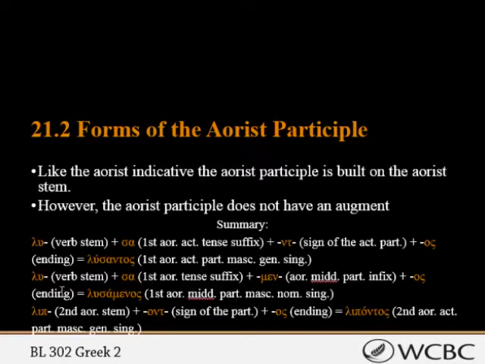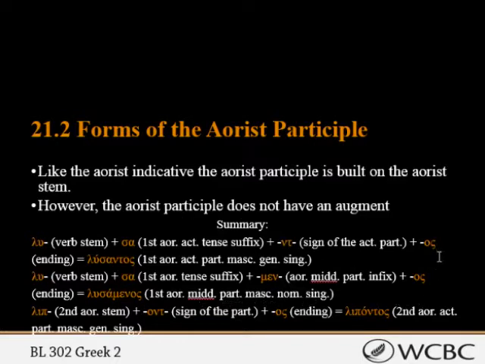If we look at another participle, if we're dealing with the middle voice, we would have lu, again the stem. Sa would be the first aorist tense suffix, plus men, which would be the sign of the aorist middle participle, very similar to what we'd have for the present participle, and then the ending. In this case, we would have omicron sigma for the ending. So lusamenos would be the first aorist middle participle, masculine, nominative, singular.